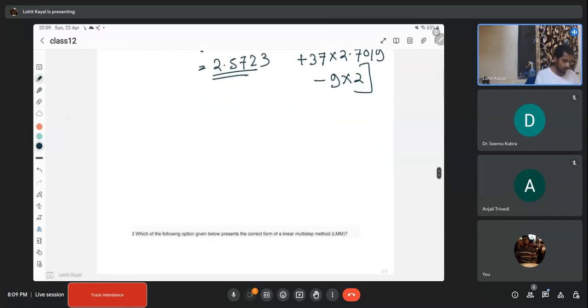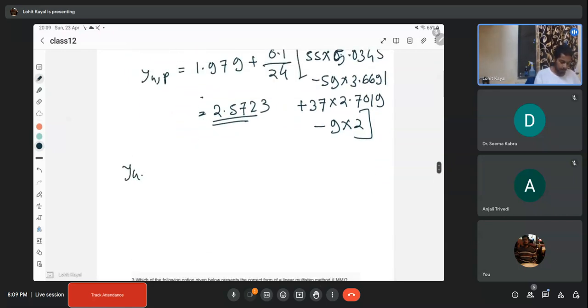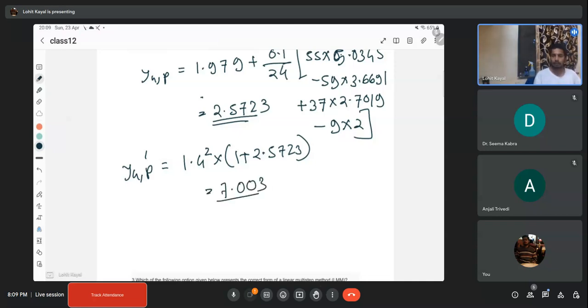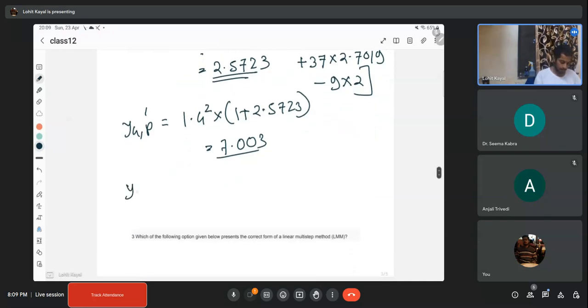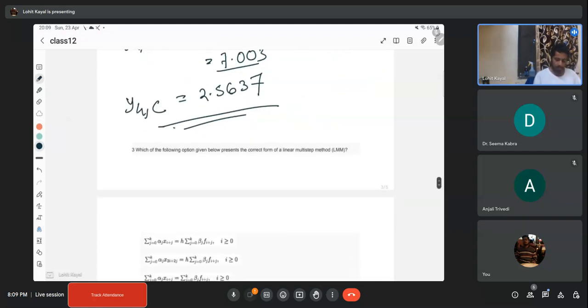Okay. Now the new thing will be you need to find y4p prime. What is the value? You will find that 1.4 square, that is the x square, into 1 plus y4p, that is 2.5723. You will get the answer is 7.003. Now you plug in the formula of the corrector term, and finally you will get the result as 2.5637. This will be your correct answer.